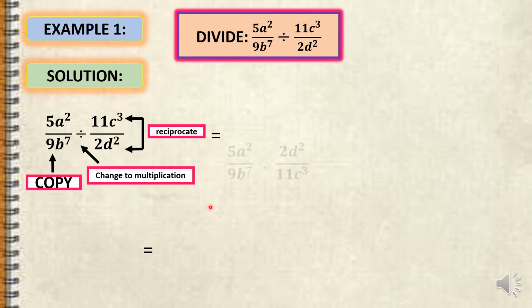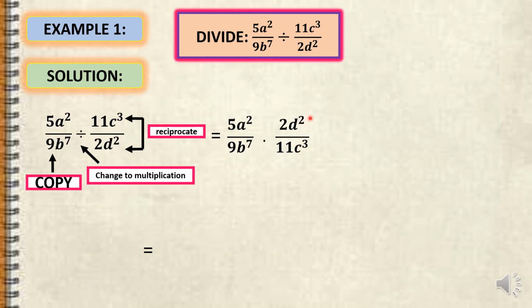So we have now, just copy 5a squared over 9b raised to 7. Yung division natin, papalitan natin siya into multiplication, so yung dot dito means multiplication. And then get the reciprocal, kaya ito siya: 2d raised to 2 over 11c raised to 3.